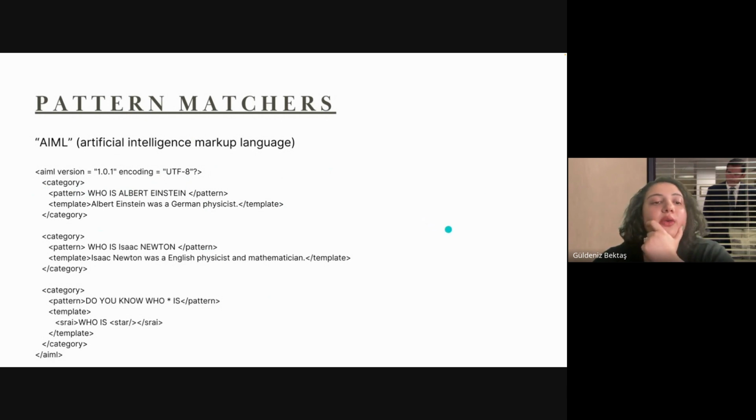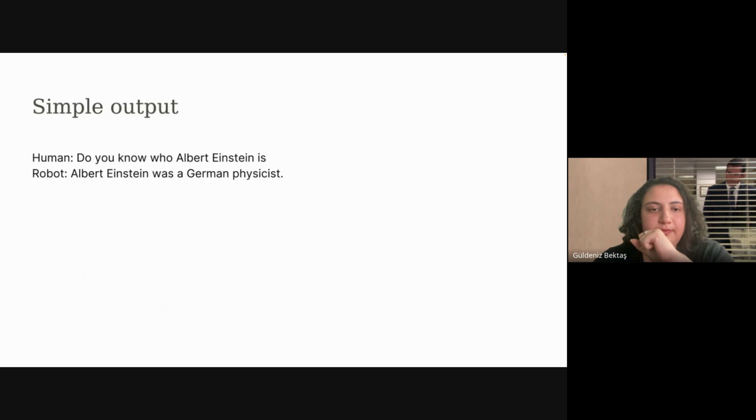So even though the question was like, how old is Albert Einstein, probably the answer will be the same, saying that Albert Einstein was a German physicist, because the pattern was matched, like similarity has been made with the Albert Einstein part, so the answer will be the same, even though the question was not about who is Albert Einstein, rather than how old is Albert Einstein. So this is not something we could do back then, but now we can do that.